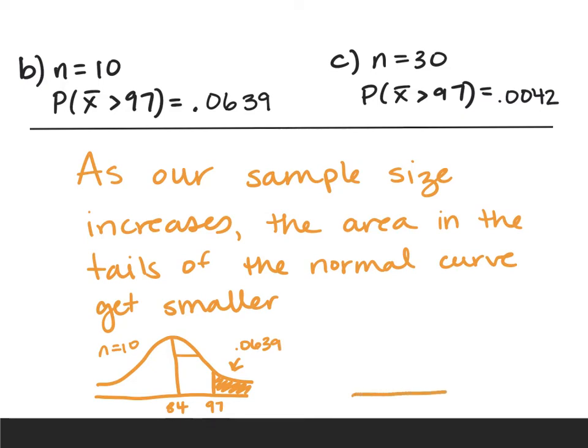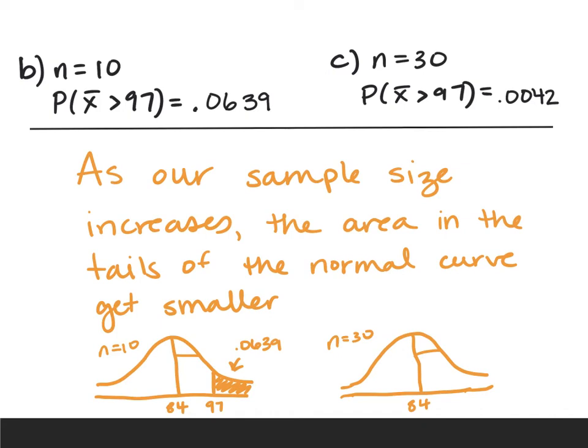If we were to try and draw somewhat to scale this same situation, but with n equals 30, and that normal curve isn't great, but it's good enough. I still have an 84, but now I've got this small area.